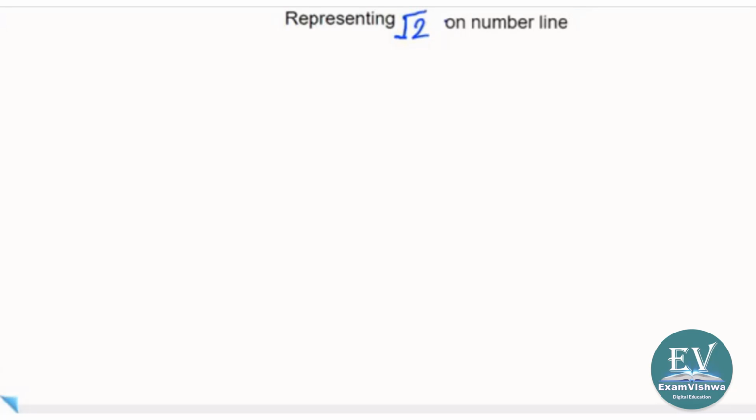root 2 का वैल्यू आपको अंदाज तो मालूम है, root 2 is equal to almost 1.41. That is what we write. We normally say that root 2 is equal to, let me write over here, it will be good for you.